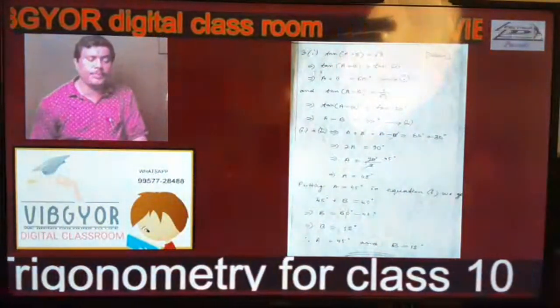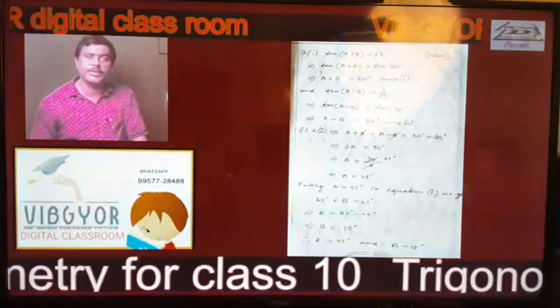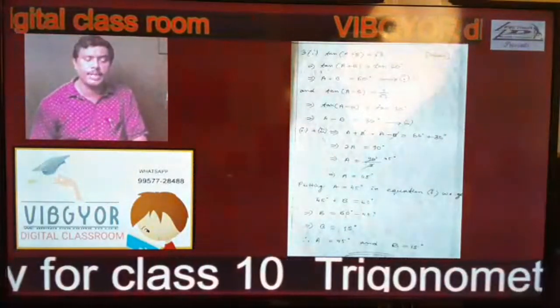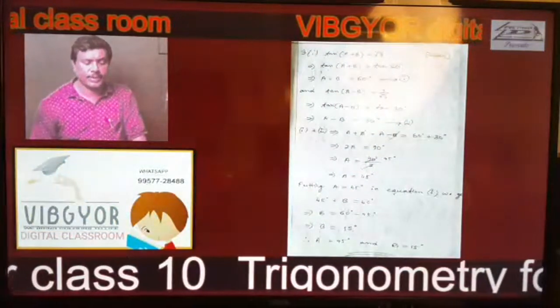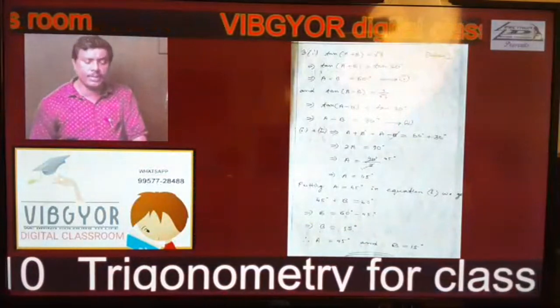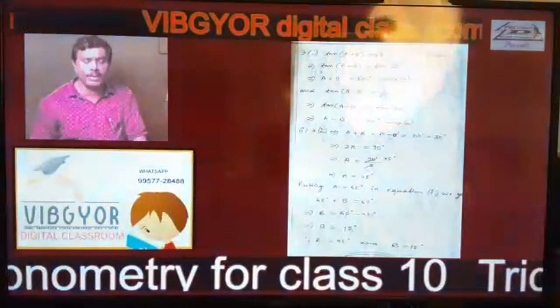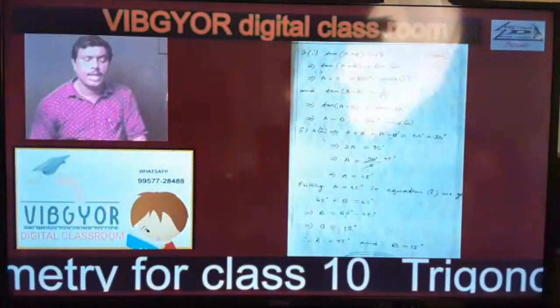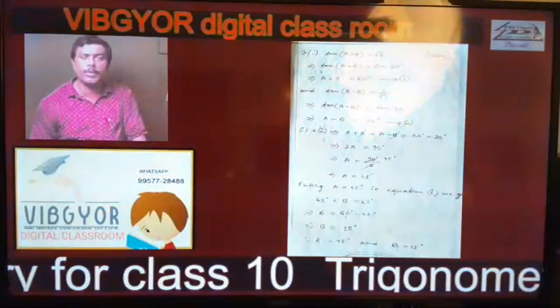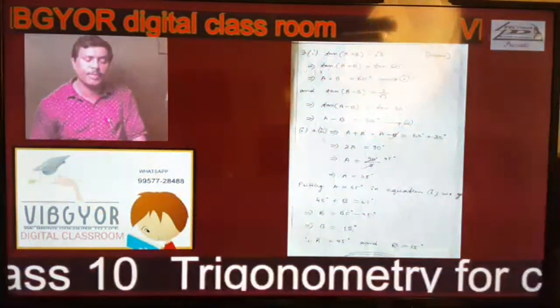If we remove tan from both sides, then we get a plus b is equal to 60 degree, and that one we are considering as equation number 1. And tan of a minus b is equal to 1 by root 3, that is also given to us. So in place of 1 by root 3 we can write tan 30 degree. Now we can remove tan from both sides, then we get a minus b is equal to 30 degree. That is equation number 2.